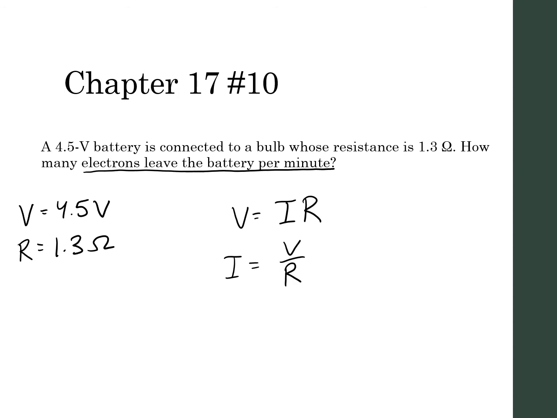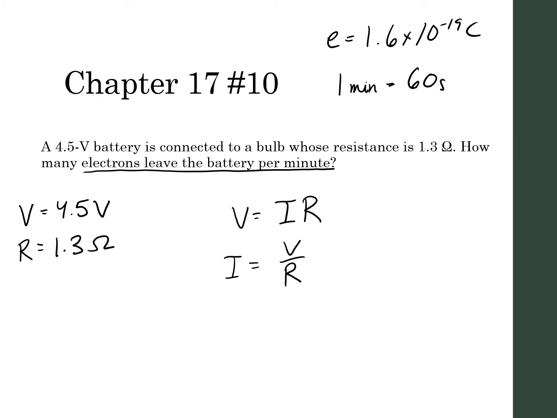Electrons have a charge, so we can use that to help us find the charge for an electron. In fact, the charge for an electron is 1.6 times 10 to the negative 19 coulombs. That's going to help us get rid of the charge part and convert it to electrons. And we know that 1 minute is equal to 60 seconds. So we're going to be able to convert our coulombs per second to electrons per minute, starting from Ohm's law.